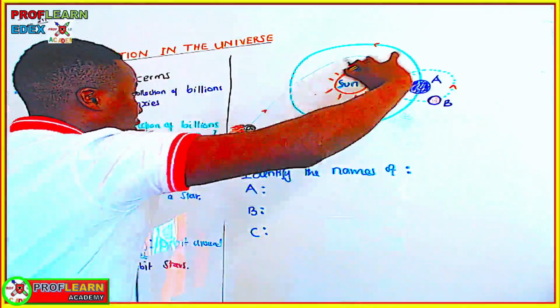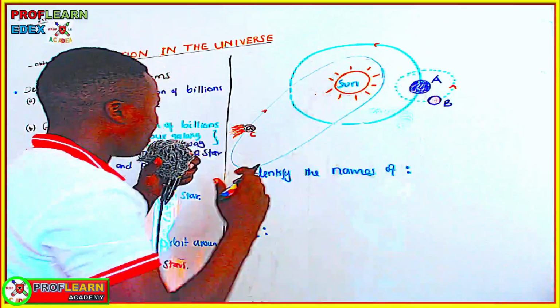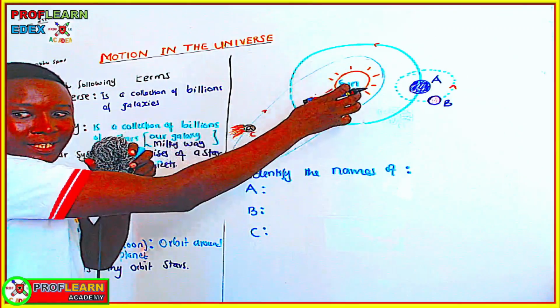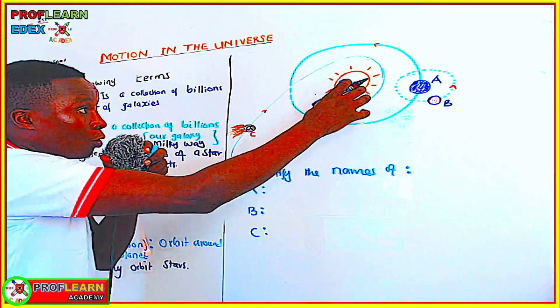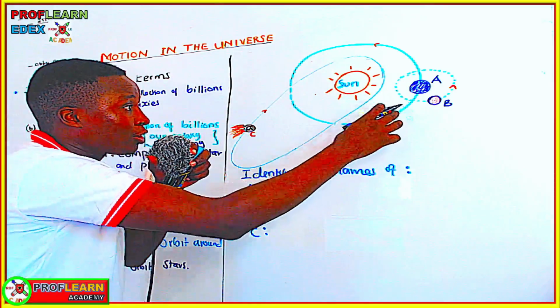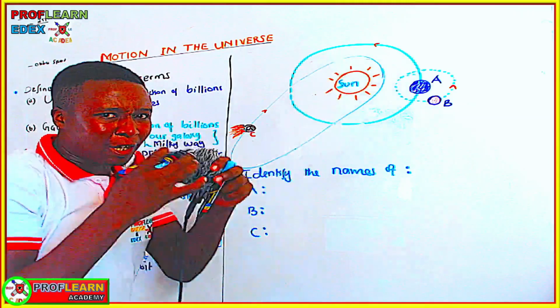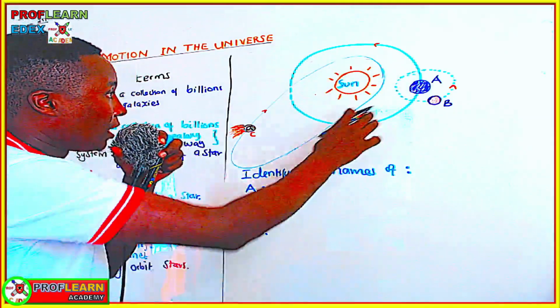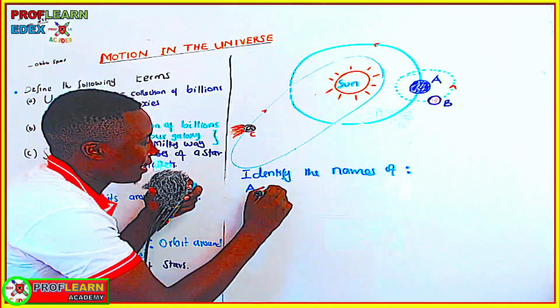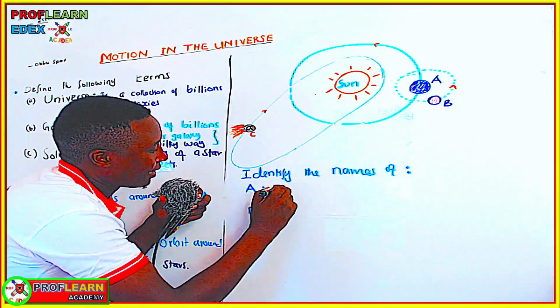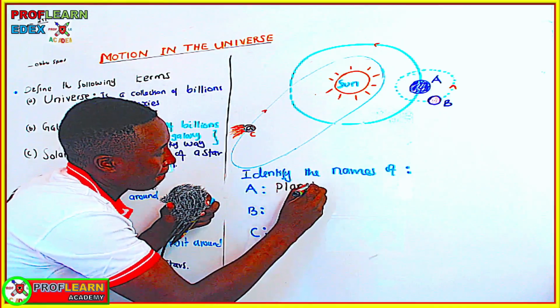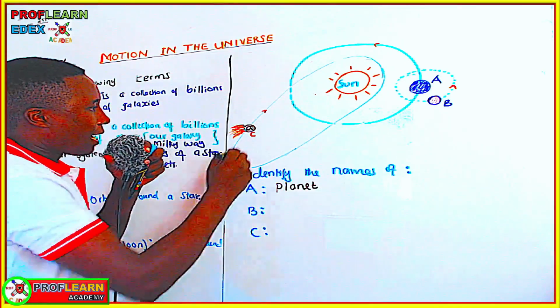It's kind of stretched, and the sun is towards one end of that orbit. But for the orbit of a planet, the star is almost at the center, though the orbit is kind of elliptical. So we can say A is a planet.